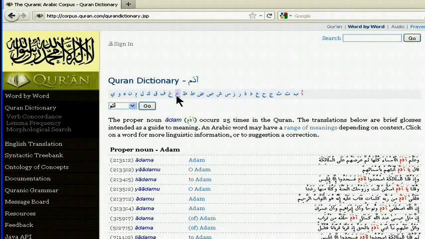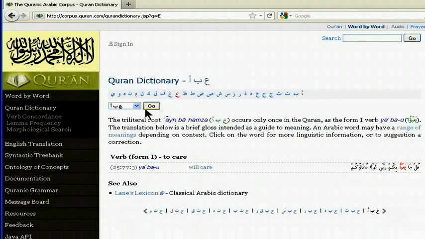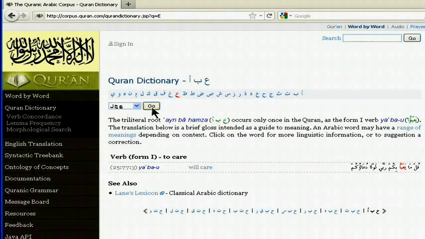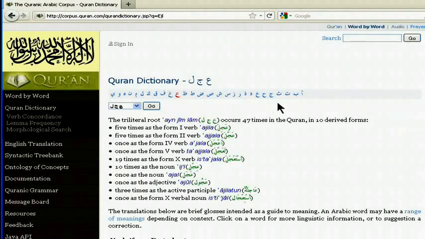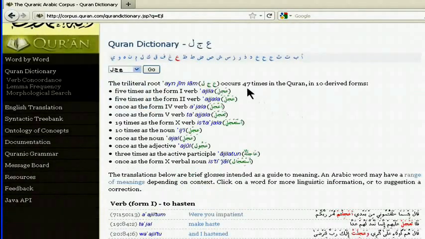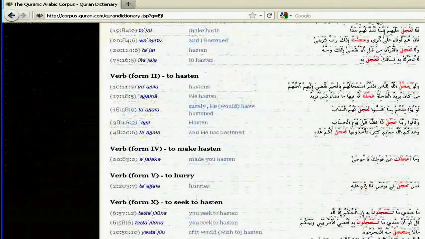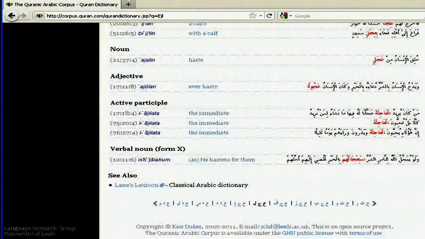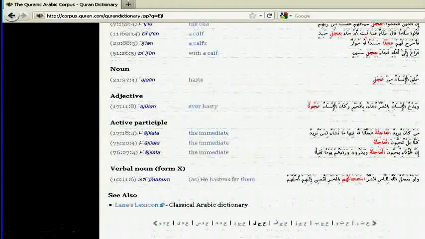Anyway, then you go to Ain, and then there it is, ajala, and then go. And they're all the different forms of these three base letters. So it occurs 47 times in the Quran in 10 derived forms, subhanAllah. So form 1, form 2, form 4, 5, 10, and there's nouns and adjectives and verbal nouns.